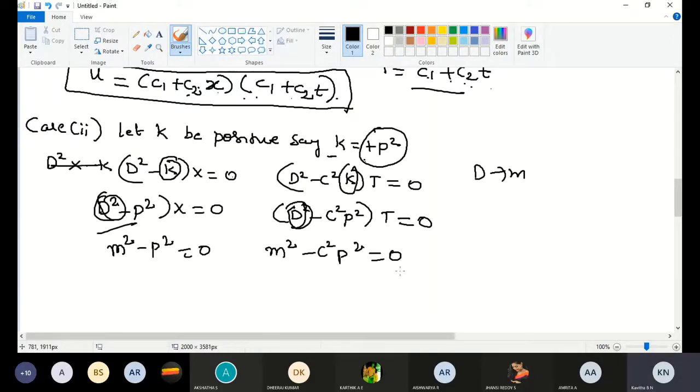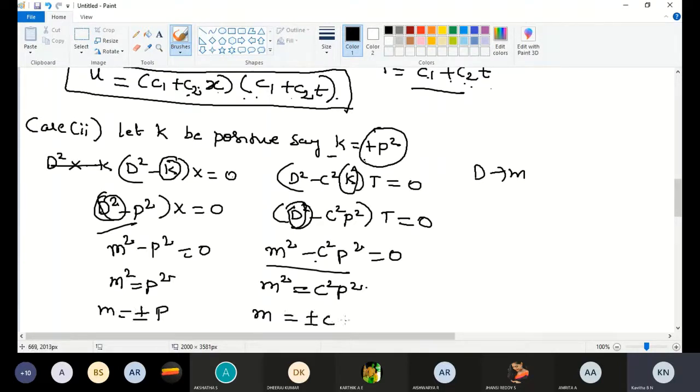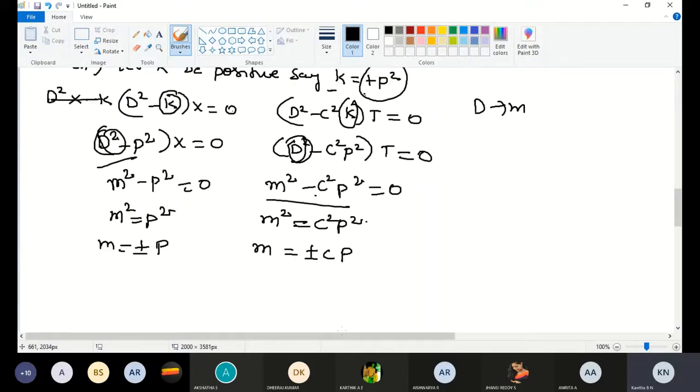Then m square is equal to p square, and m square is equal to c square p square, shifted to the RHS side. Then m is equal to plus or minus p, and m is equal to plus or minus cp.